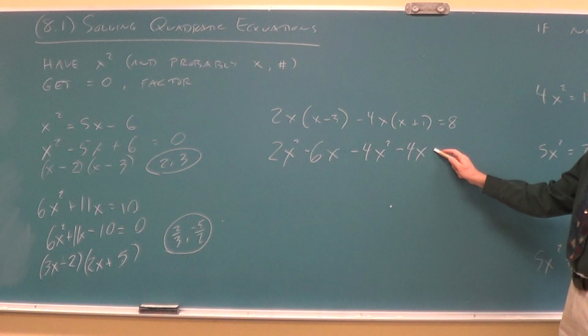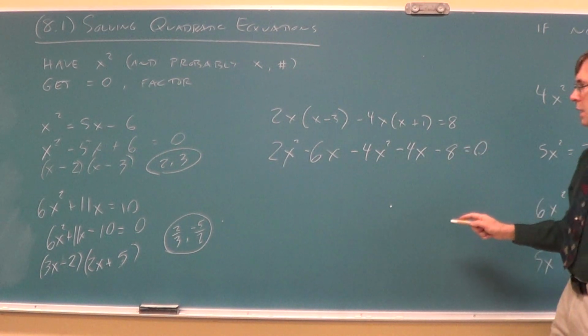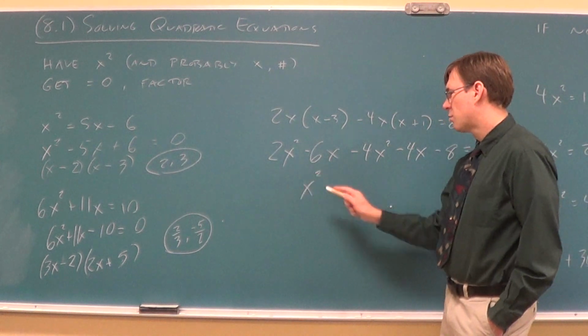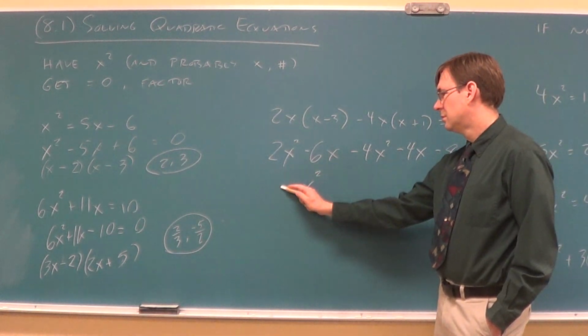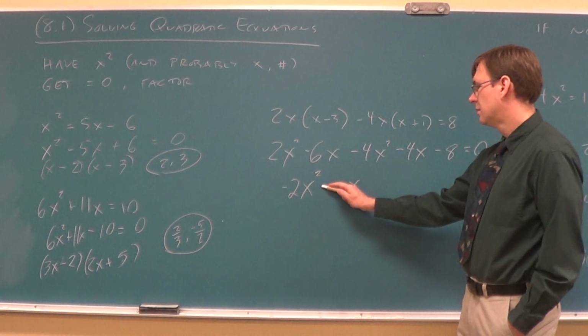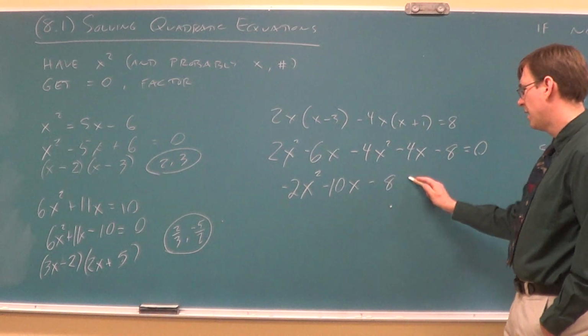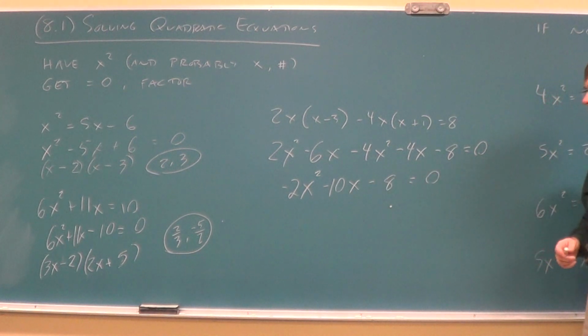While we're at it, we might as well go minus an 8 so it can equal 0. Cleanup time: x squareds, negative 2, x's, negative 10, 8, negative, that equals 0.